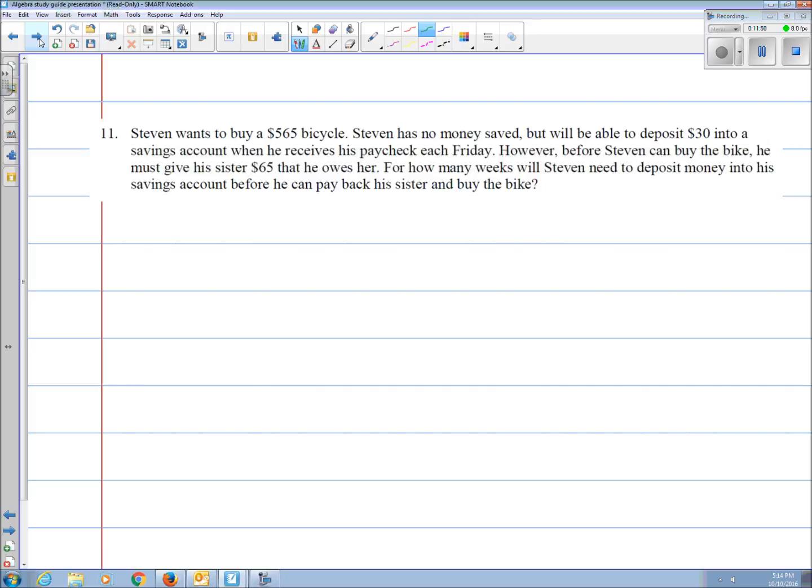So first let's define our variables. I'm going to let x represent the number of weeks that he's saving. So we know he can deposit $30 per week into his bank account.